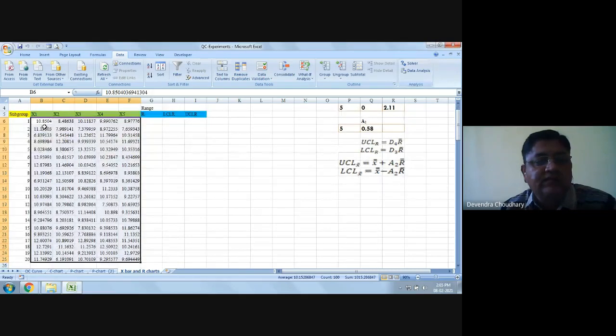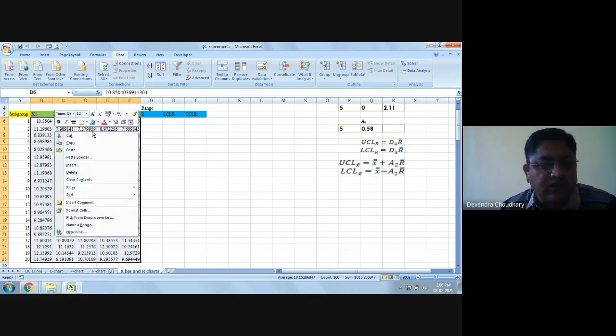These are the actual measurements when you take 20 subgroups, and each subgroup contains 5 items, and each item is measured for its quality characteristic, or through measurement you get some values like this.